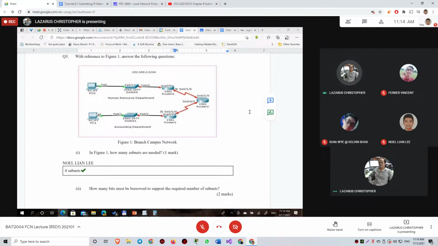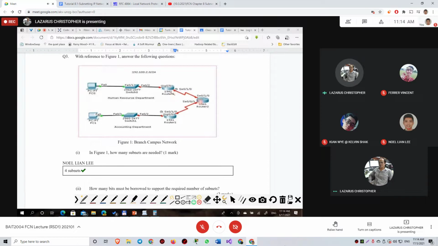Let me just annotate. When you look at this, there are no hosts, I mean, hosts in the traditional way. This is a host, but these are interfaces. So there are no hosts in these two networks, so we don't need to set a gateway depending on whether there's any network here. But here we don't have to worry about it.